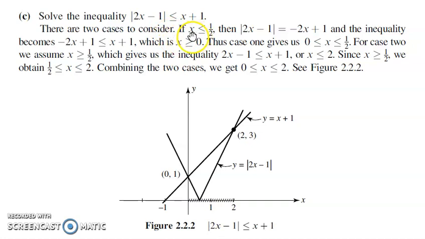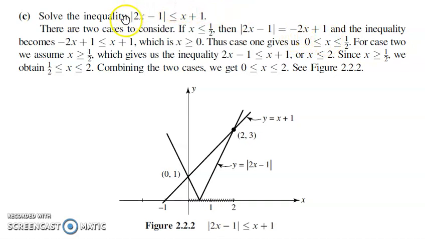The first class is x less than or equal to 1 by 2. Here, modulus of 2x minus 1 is equal to minus of 2x minus 1, which by simplification is minus 2x minus minus 1, which is plus 1, that is minus 2x plus 1.